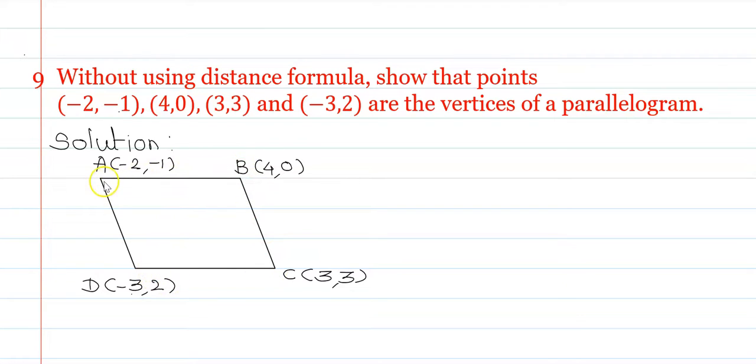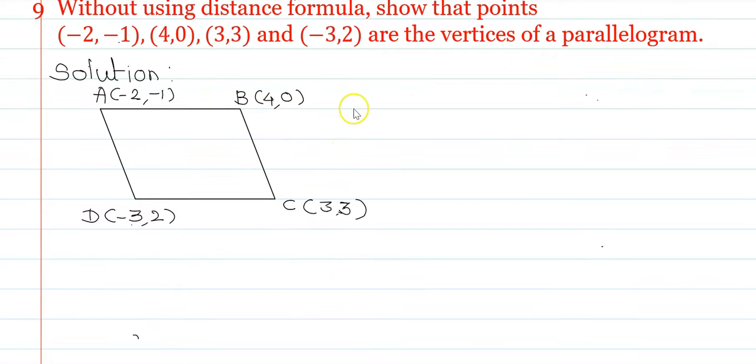Now we'll first of all find out the slope of AB and the slope of CD. Slope of AB is equal to the difference of y coordinates upon the difference of x coordinates, -1 - 0 upon -2 - 4.